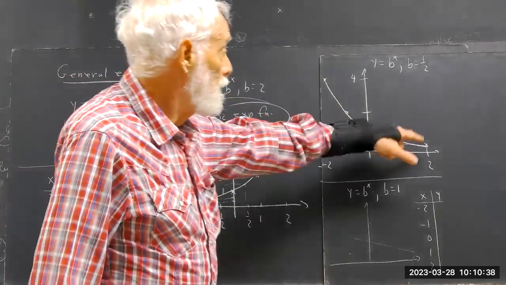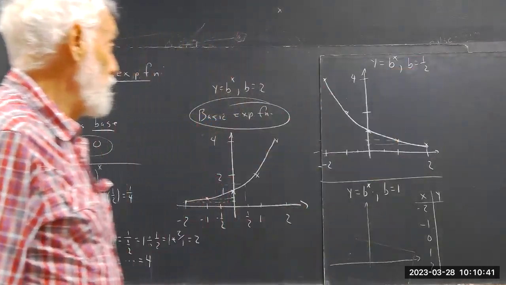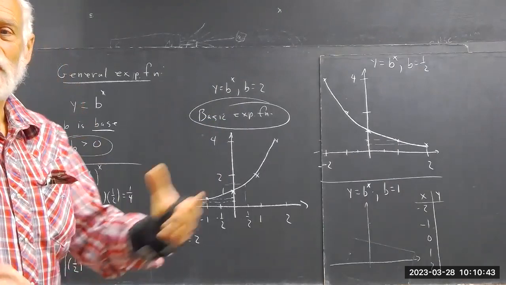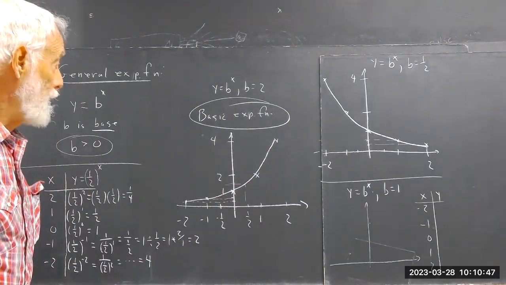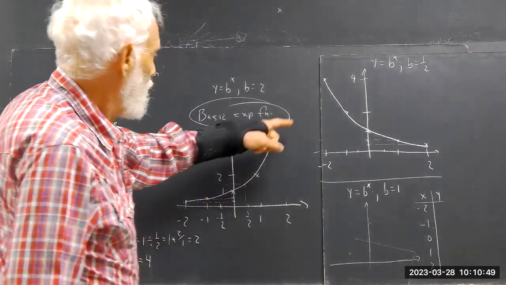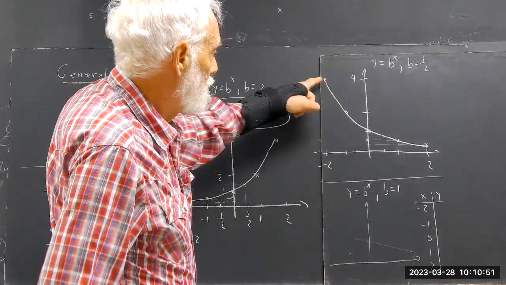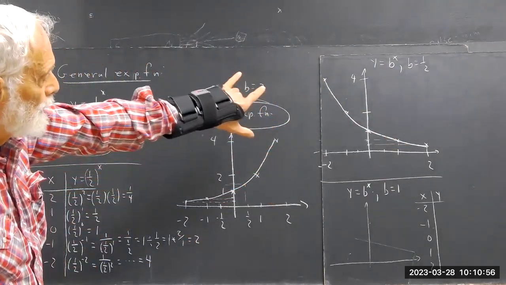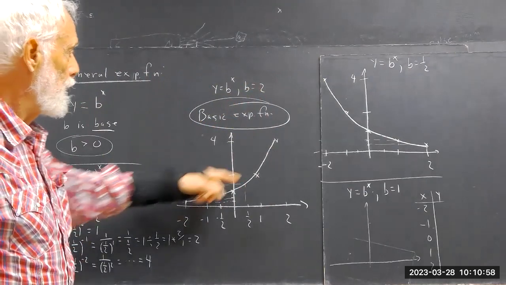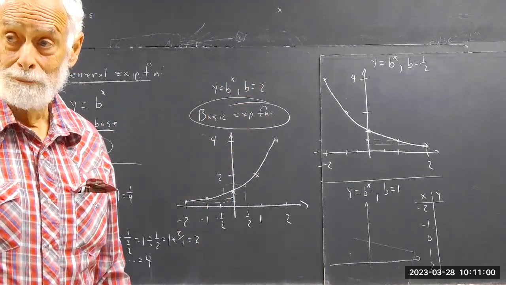And here's our graph, y equals b to the x for b equals 1/2. Okay, just in case I didn't get that down there, that's a quick summary. This shows us that the graph of the b equals 1/2 function is flipped around the y-axis relative to the graph of the b equals 2 function.